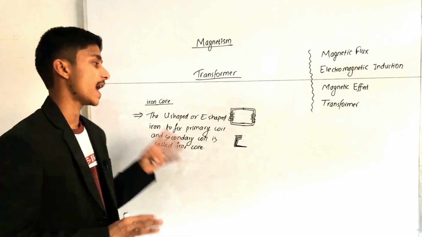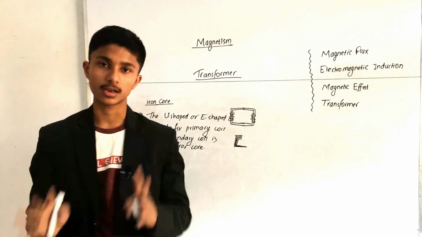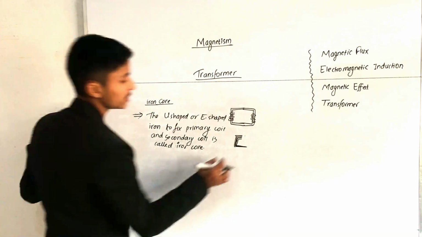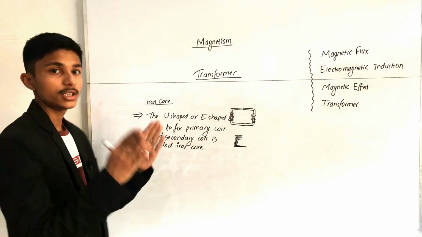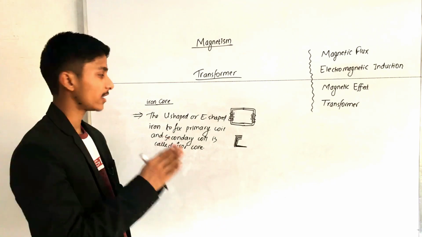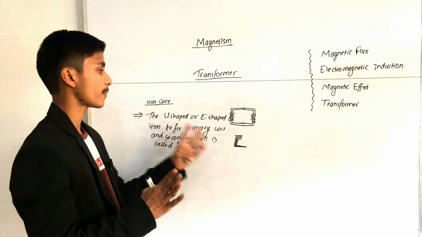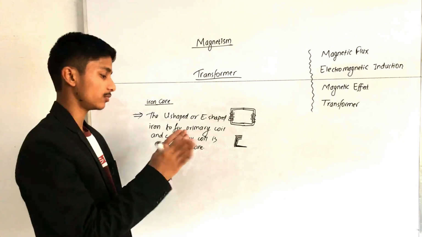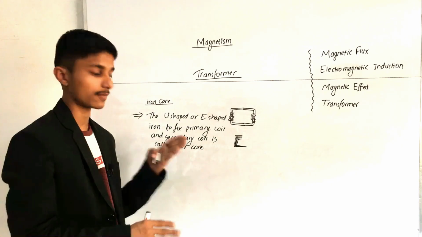It is made up of soft iron bar, soft iron. I have told several E-shaped or U-shaped iron bars, the soft iron core, are laminated one after another, means overlapped one after another.